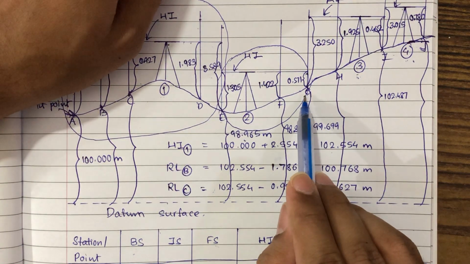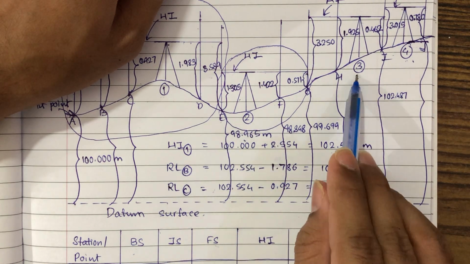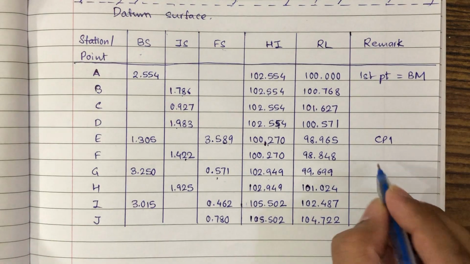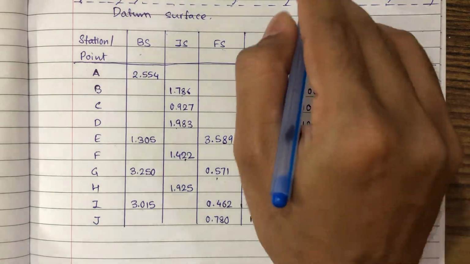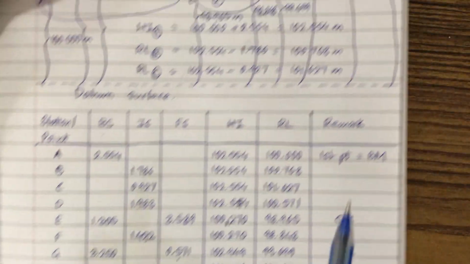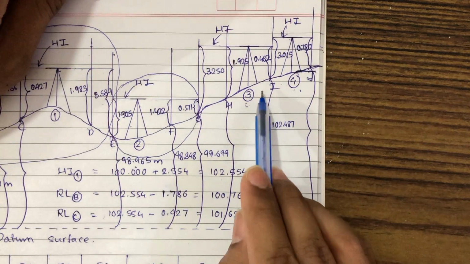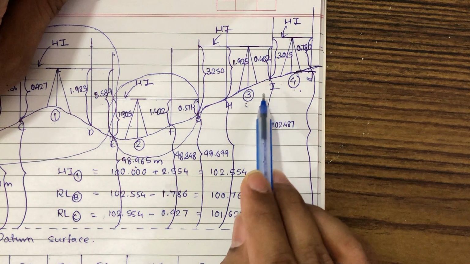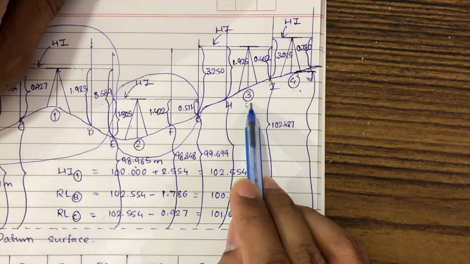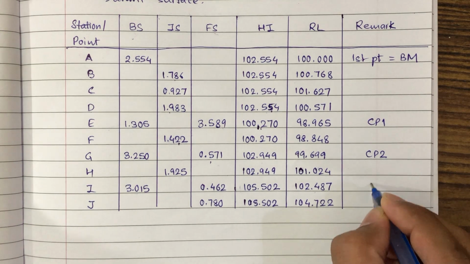Again at this point G we got change point 2, because it shifted from 2 to 3. Also at this point I, we got the third change point, that is, it shifted from point 3 to point 4. So at I we got change point 3.